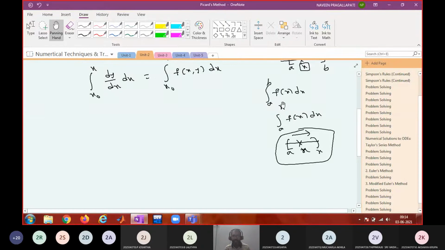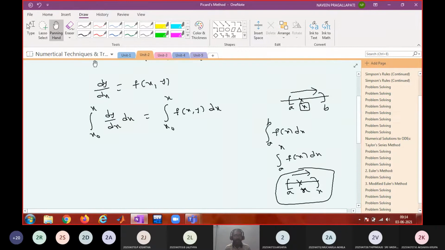Whatever symbol you are using for the limit, you should not use the same symbol for the variable. Use another symbol. Instead of x, I can write t, because it is just a dummy variable. Finally, you are substituting the limits, and your answer must be in terms of x naught and x. x naught is a constant, x is a variable.